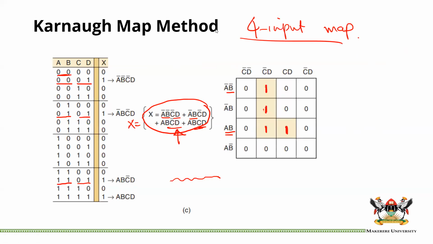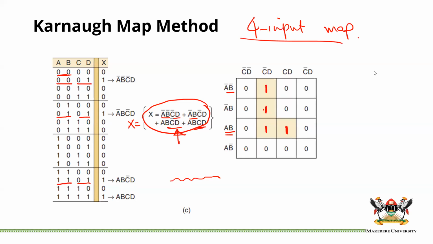Excuse me, sir. I'm wondering about this. From here, for the 4 input, we have A, B, C bar, D, which is a 1.